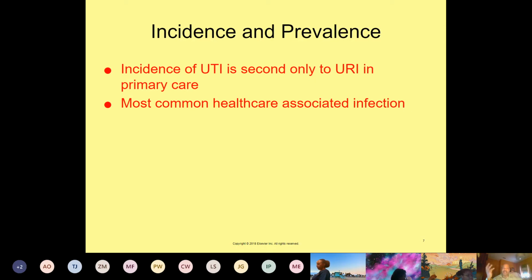Dysuria is basically painful or burning with urination, especially in pregnant women. And urgency is that feeling that you get when you want to urinate. You just feel that urge to urinate, but you just can't.